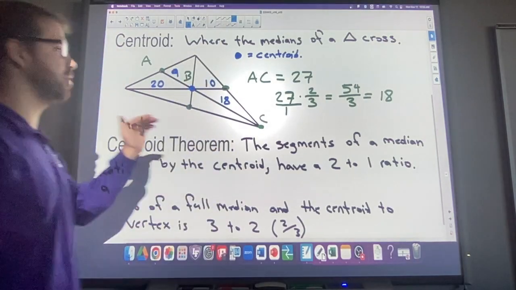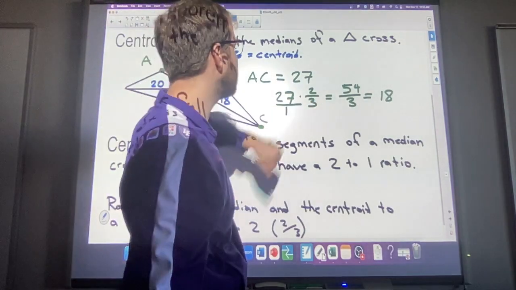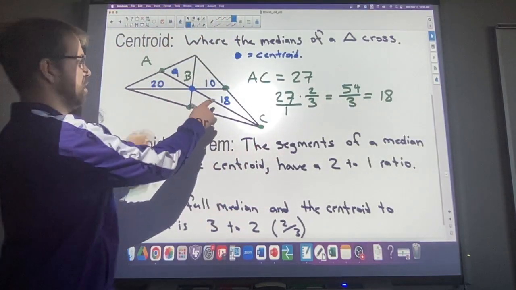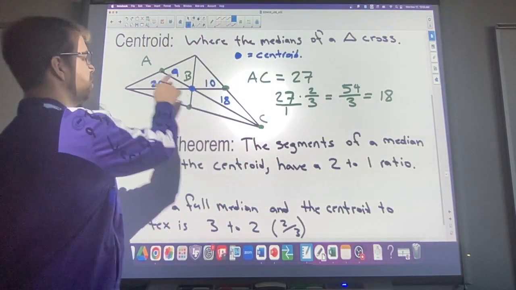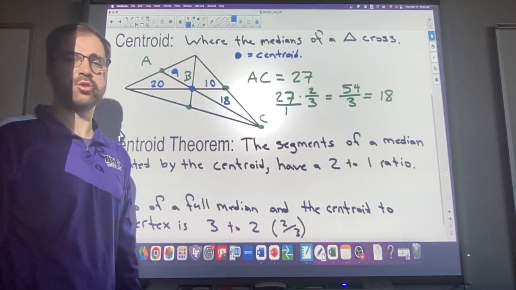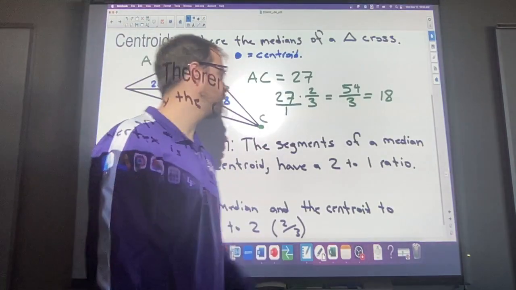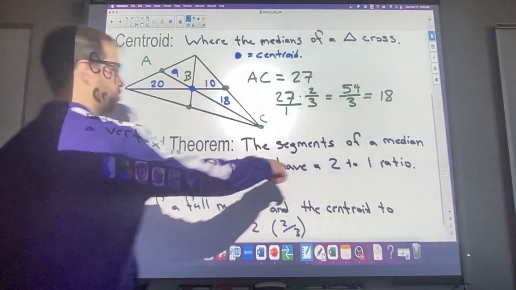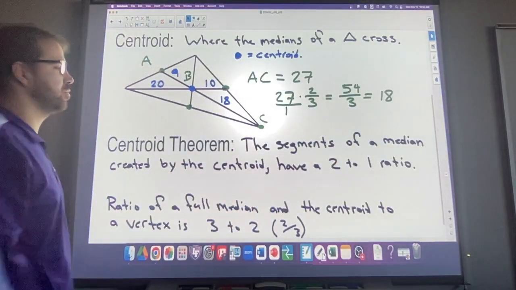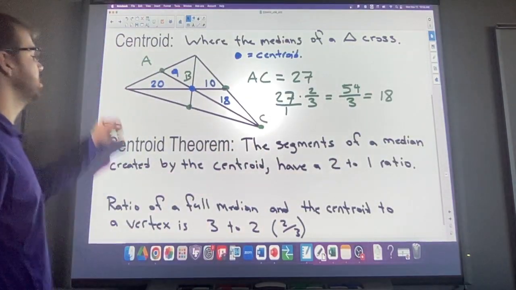So once again, the 2/3 thing is helpful to know, but I would say in most cases, the bigger part is double the smaller part. Usually gets to the answer quicker. All right, so that's the centroid theorem. Kind of two ways to go about it, either 2-to-1 or 3-to-2, double or 2/3 ratios. Let's move on.